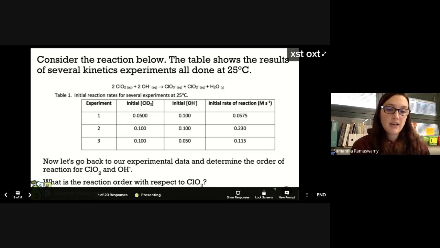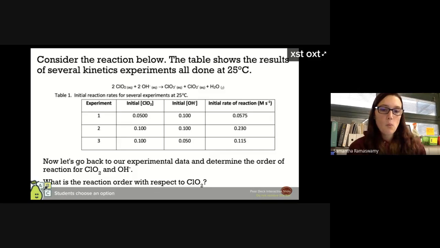So use your calculator if you need to. What is the order with respect to ClO2? Is it 0, first, or second order? Again, use your calculator. If you're looking for the order with respect to ClO2, you're looking at how does ClO2 change while OH minus stays constant, and what does that change do to the rate?